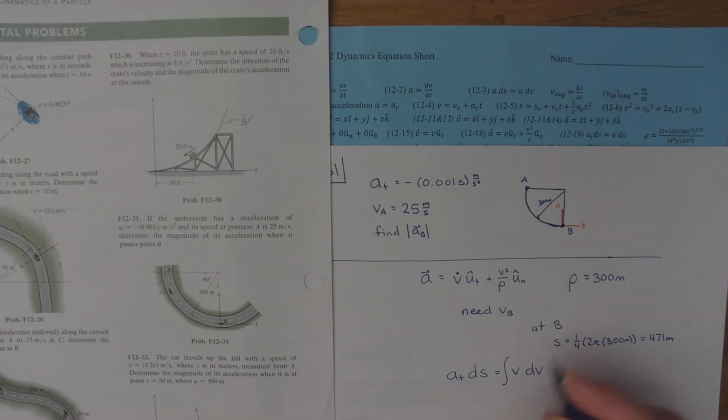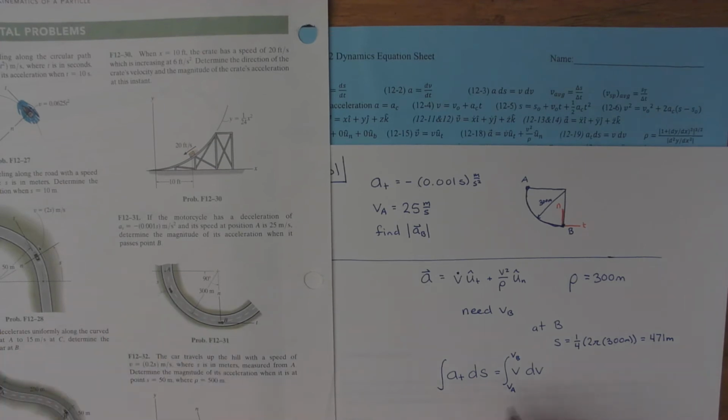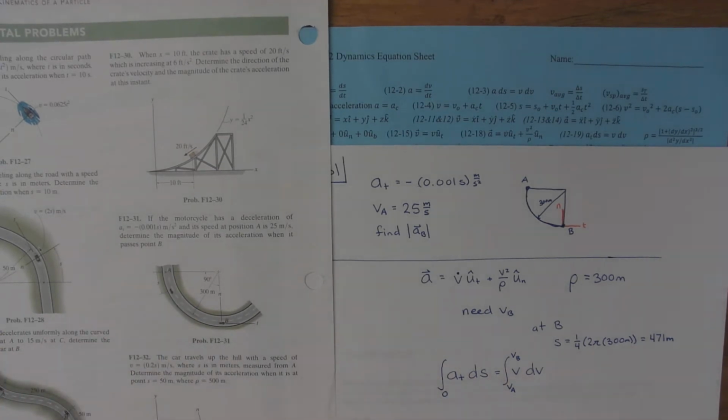I want to start off at point A because I know the velocity at point A, so that's going to be my lower limit of integration, and my upper limit of integration is vb, which is what I'm looking for. My lower limit of integration here is the value of s when we're at point A, so that agrees with our lower limit here, and from the diagram we saw that s is equal to 0 there.